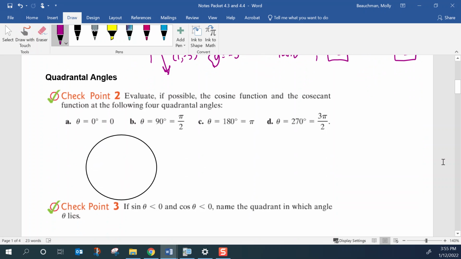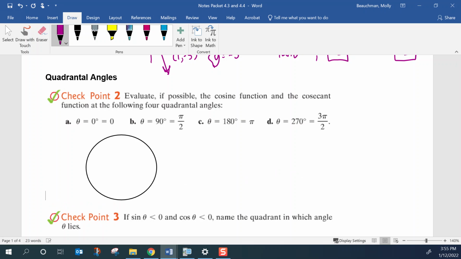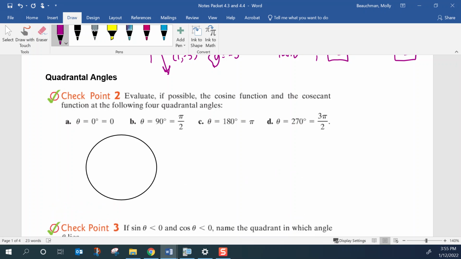It says evaluate the cosine function and the cosecant function at the following 4 quadrantal angles. So this is something that we can do using our unit circle, but we'll just reiterate here. Let me draw in an axis. So 0 degrees in standard position is right here.